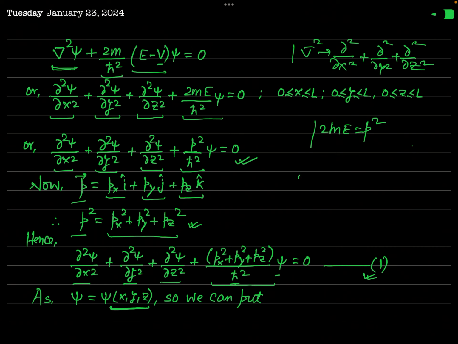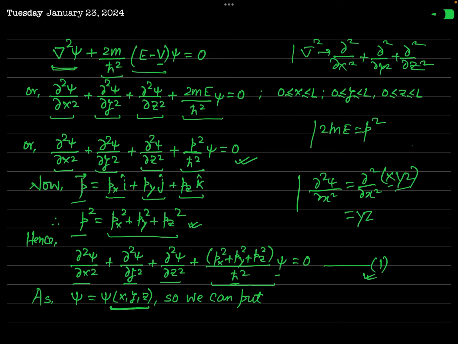When you put this, see here, what will be ∂²ψ/∂x²? Since you can see that ψ is a product of X, Y, Z, and you know this partial differentiation, when partial differentiation is done, only the function of x will be differentiated, and the functions of y and z will be treated as constant.